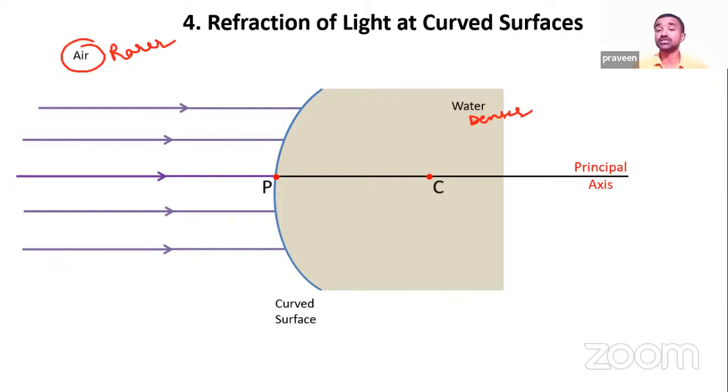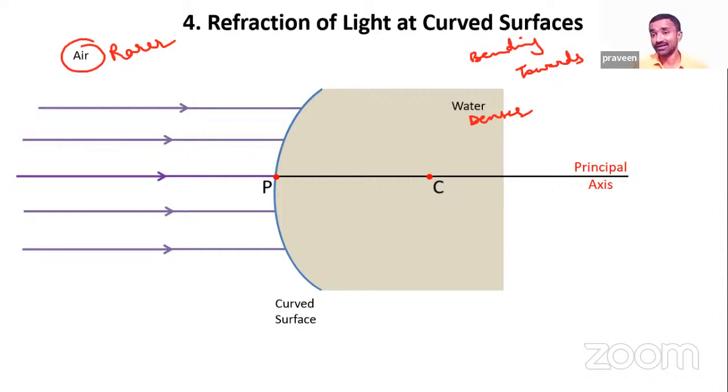So in this case, what happens? The light ray bends towards the normal. Simple logic: rarer to denser, towards the normal.